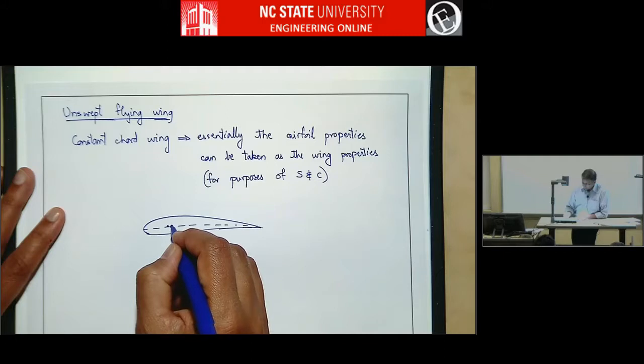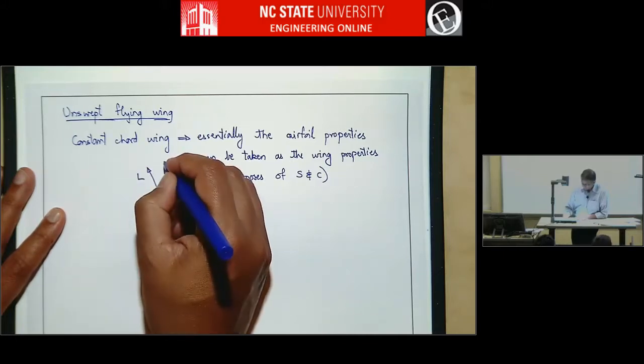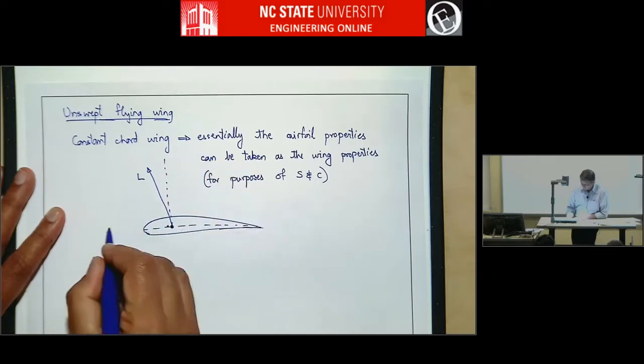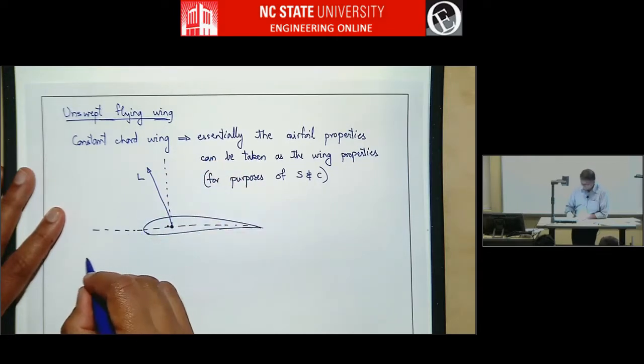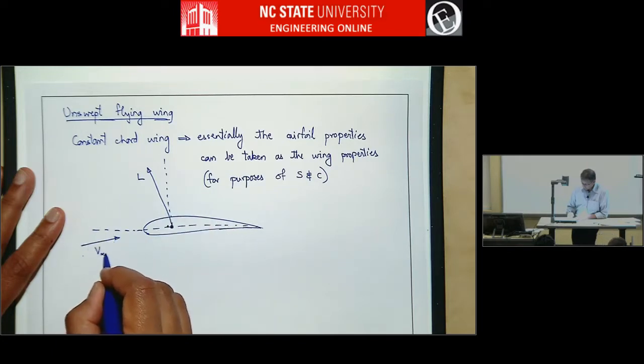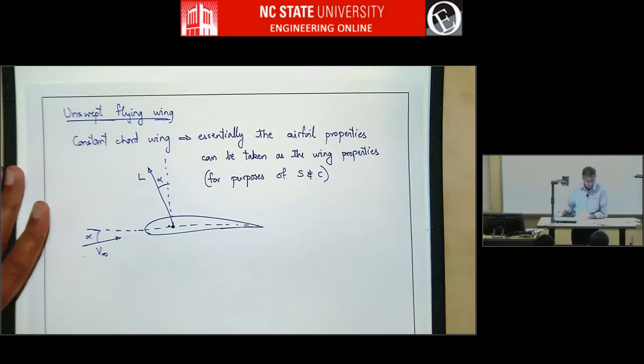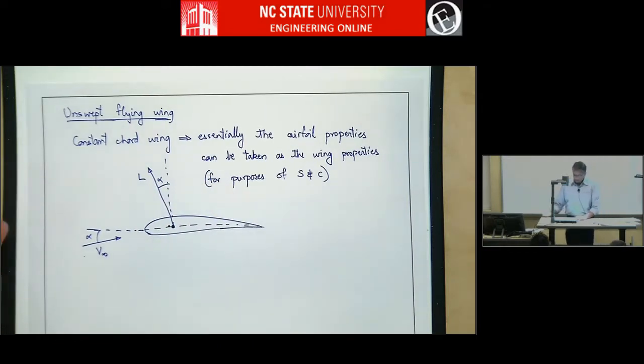And at the quarter chord, if I put the lift, and let's say this is V infinity, and some angle of attack alpha, so this angle is also alpha. If I want to put all the forces on the airfoil, all the aerodynamic forces, and let's say this is inviscid flow, so there's no drag.